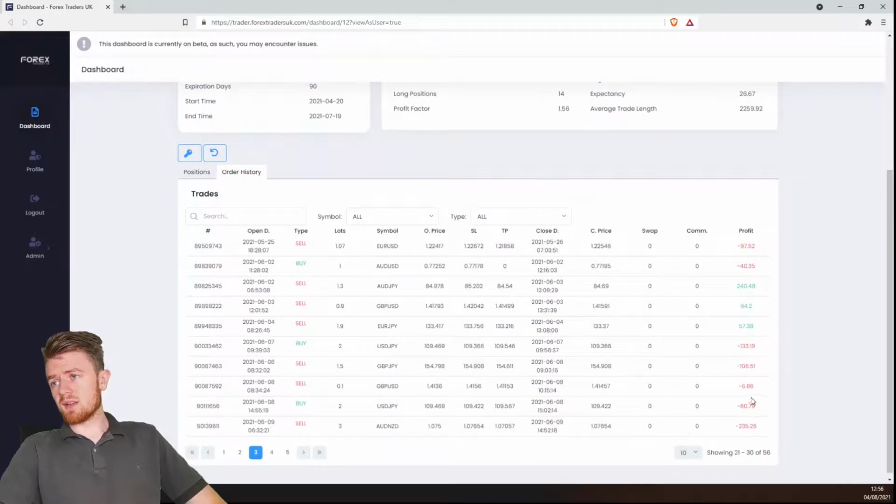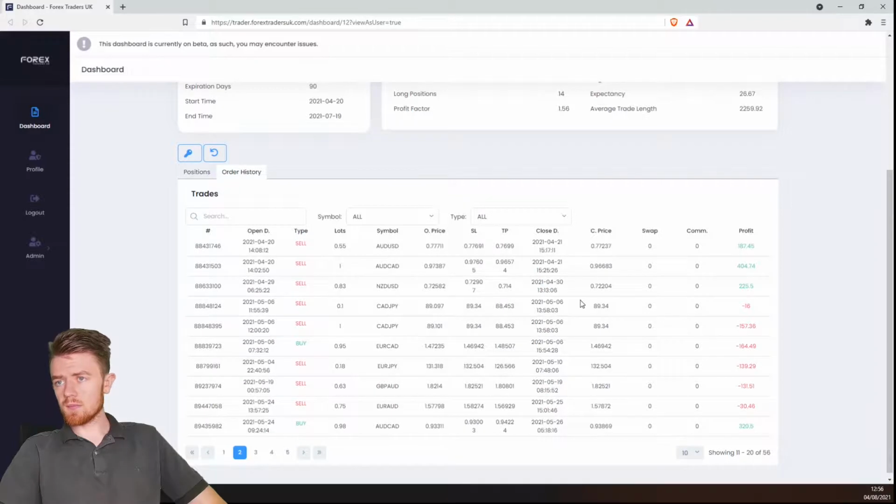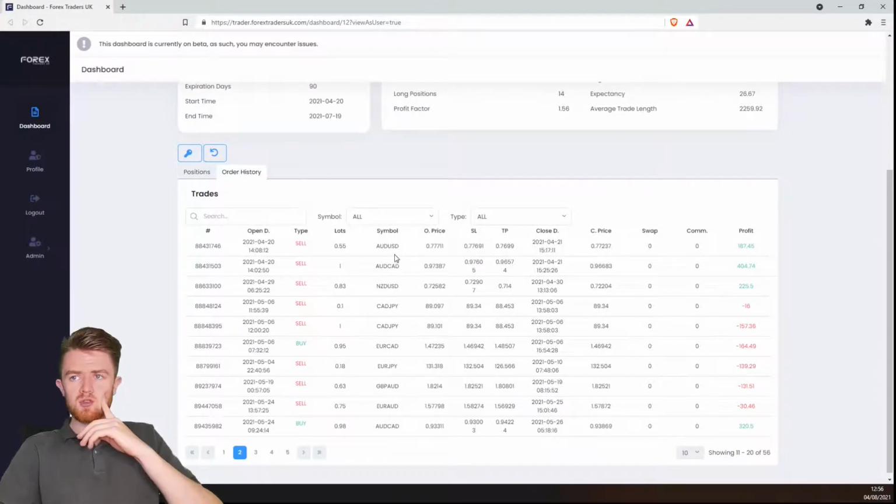We can see the account's still going steady, and it went through a period of drawdown here. Here we can see many different instruments, which is interesting to see as well.